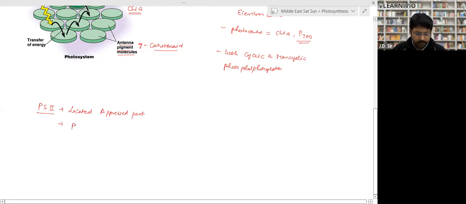PS2 has chlorophyll A, B, and carotenoid. Chlorophyll A and chlorophyll B are in equal amounts.